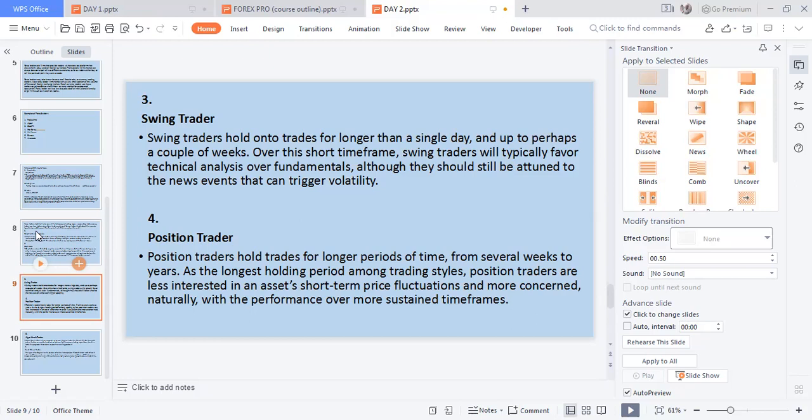A position trader is a trader who trades from several weeks to several years. So what these traders do is they put in a trade, and they decide to leave the trade for long. I have a whole lot of friends, some are sailors, while some work in the military.